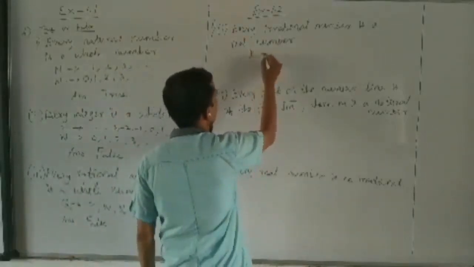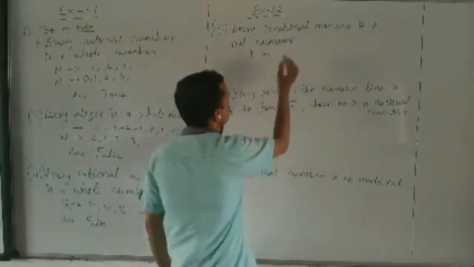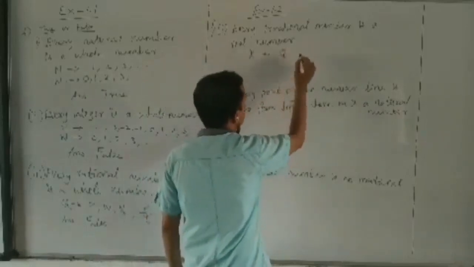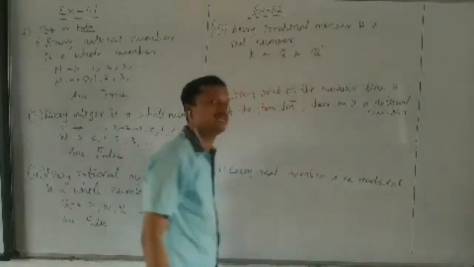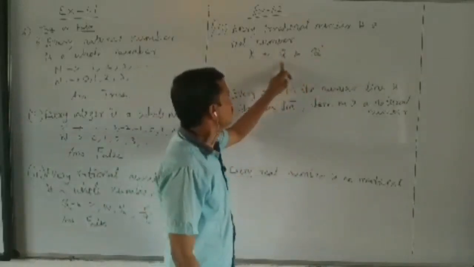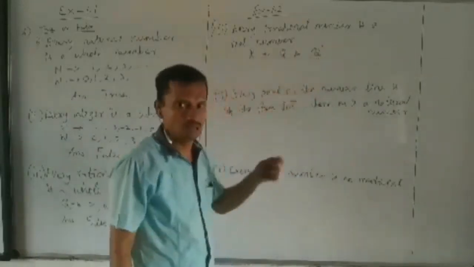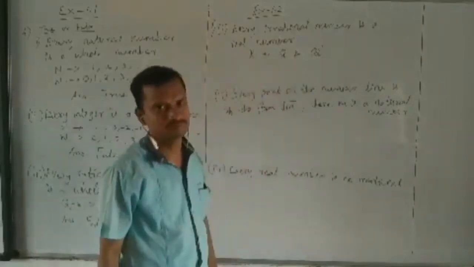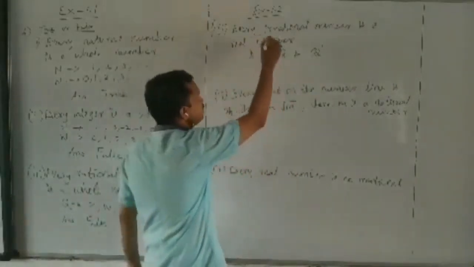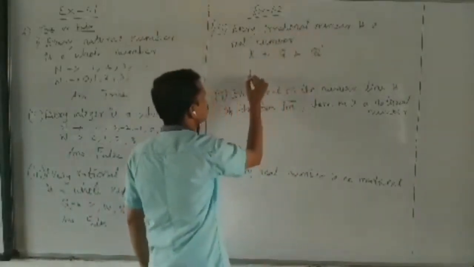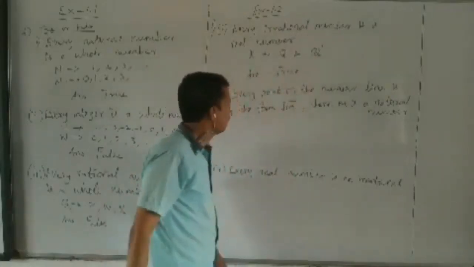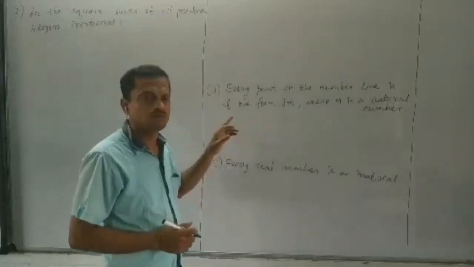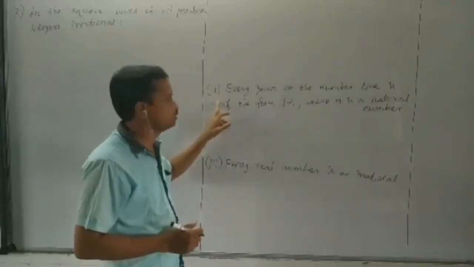Capital R stands for real number. That is the combination of Q, rational number, and Q dash, that is irrational number. These two, rational and irrational, combine to form real number. So every irrational is a real number, correct? So the answer is true.